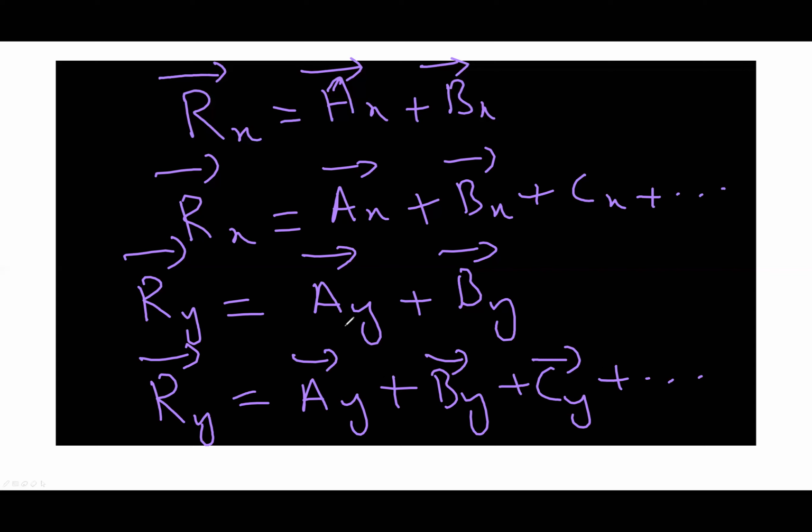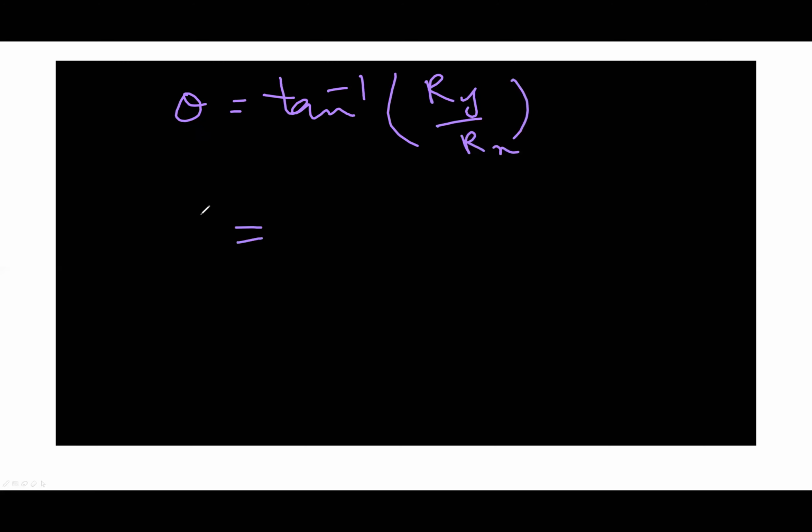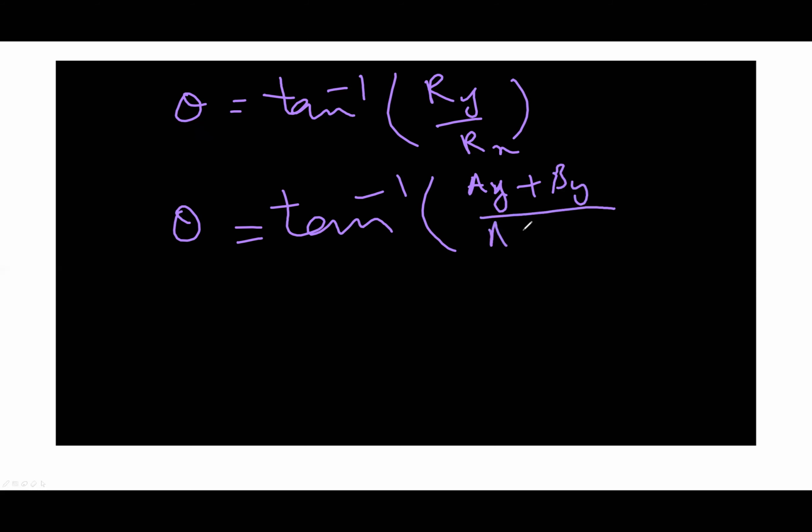Similarly, the other relation will become also for angle. We have derived theta is equal to tangent inverse of Ry divided by Rx. So we have written that theta is equal to tangent inverse of Ay plus By divided by Ax plus Bx.